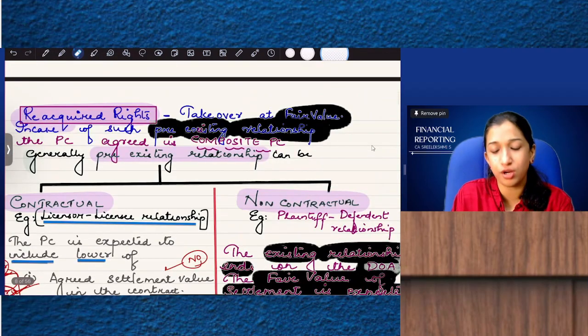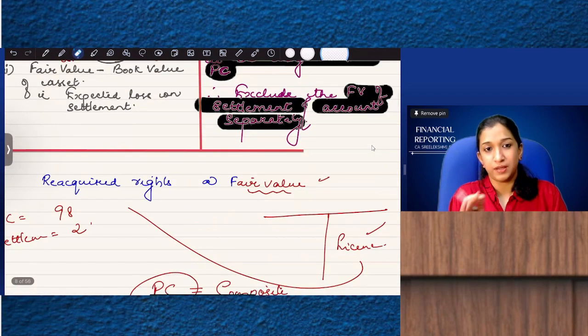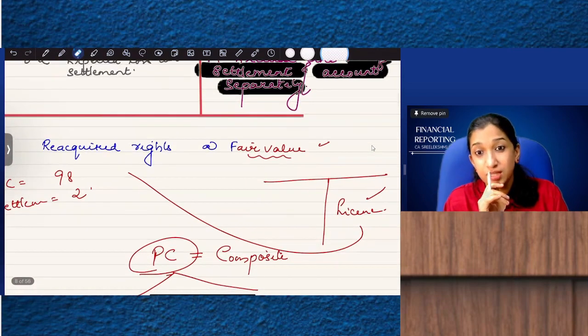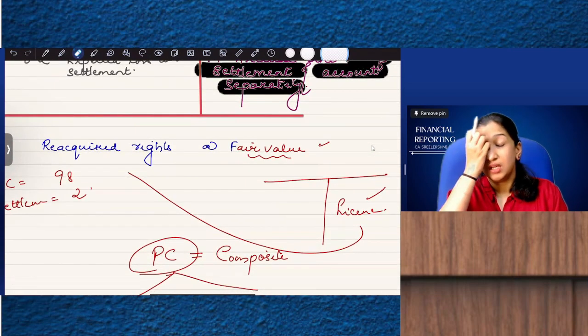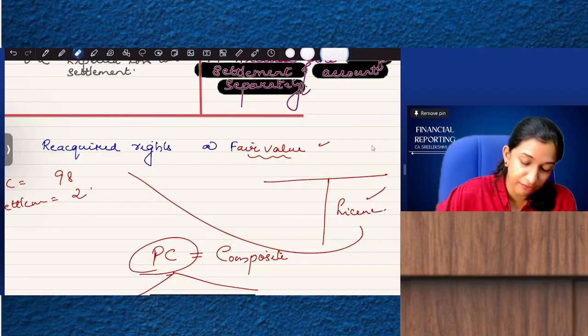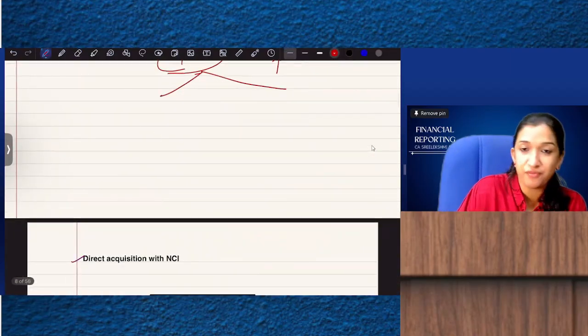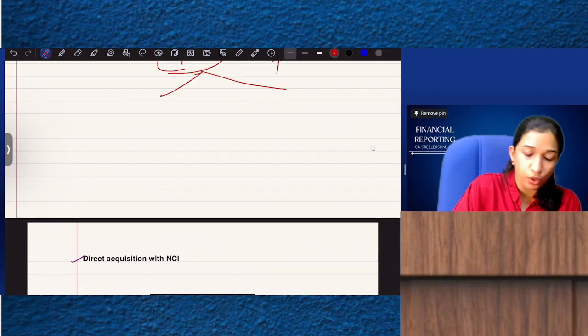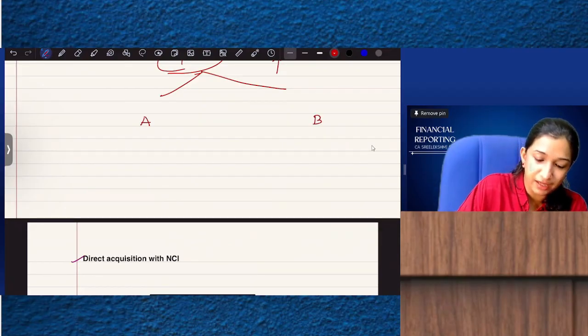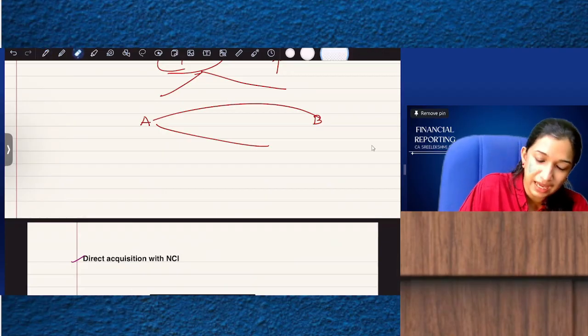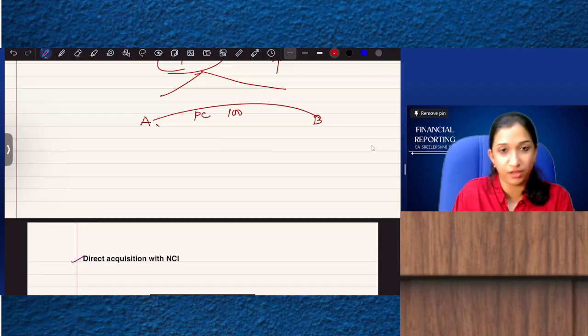if it is non-contractual, there is no contractual relationship, then PC includes the fair value of settlement. The example they have given is a plaintiff-defendant relationship. So A limited, B limited. Now A is acquiring B and paying purchase consideration of 100 crores.